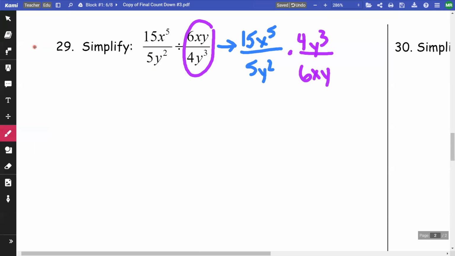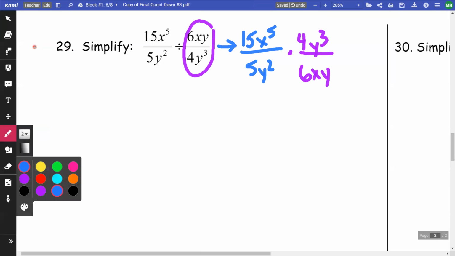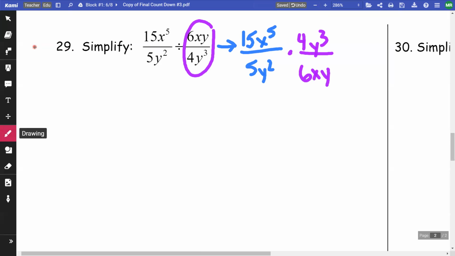Okay. And now I can simplify. I'm going to look at my numbers first. Okay, so looking at this, 5 goes into 15 3 times. I mean, I can multiply straight across, top with top and bottom with bottom, but I can simplify a little here.